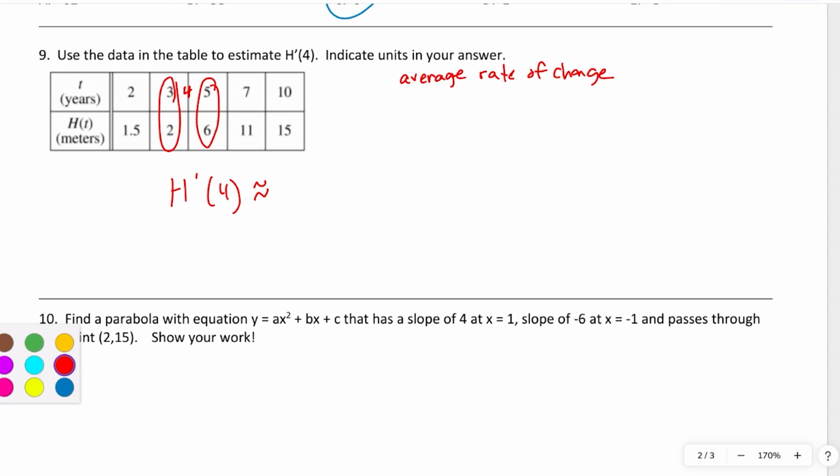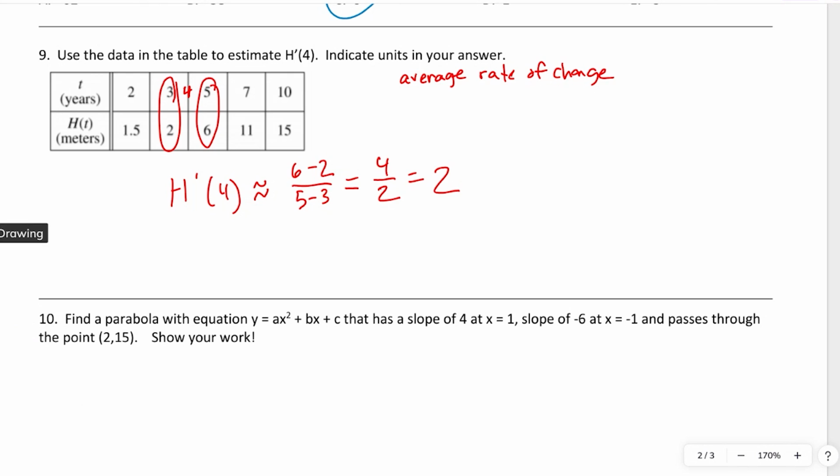Okay, so that would be 6 minus 2 over 5 minus 3, which would be 6 minus 2 is 3, 5 minus 3 is 2, so yeah, 3/2. Wait a minute. That's a 4, geez. And that's going to be 2.